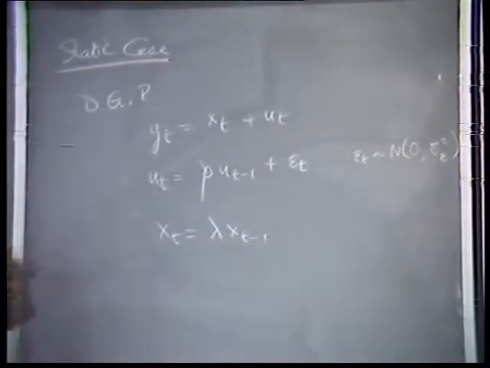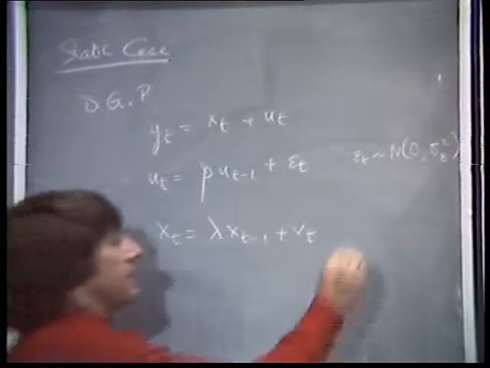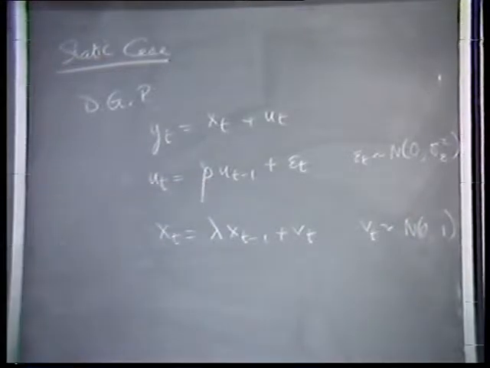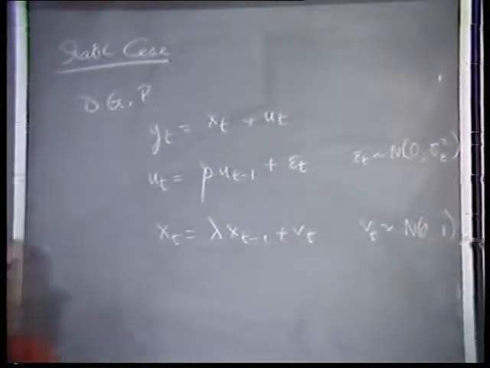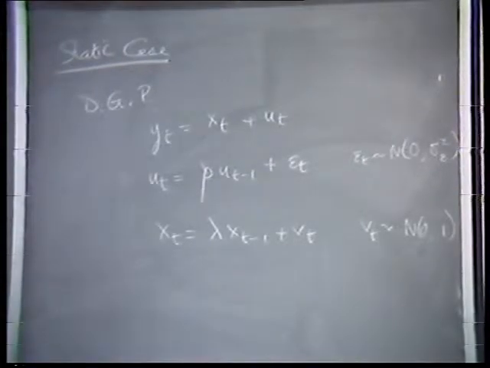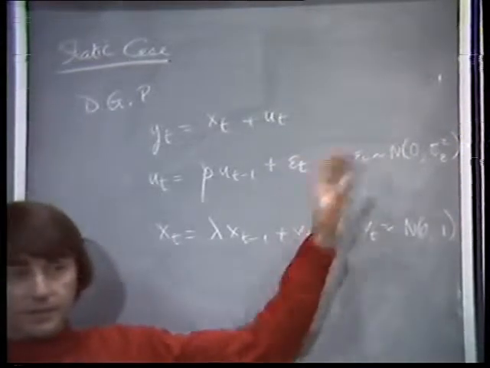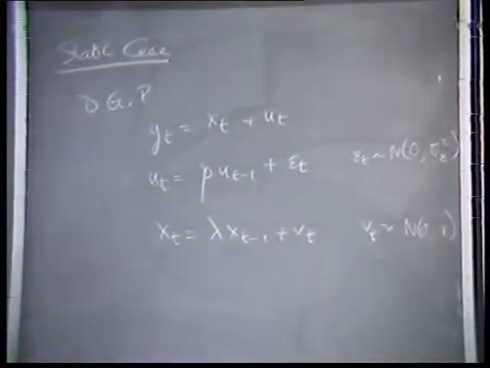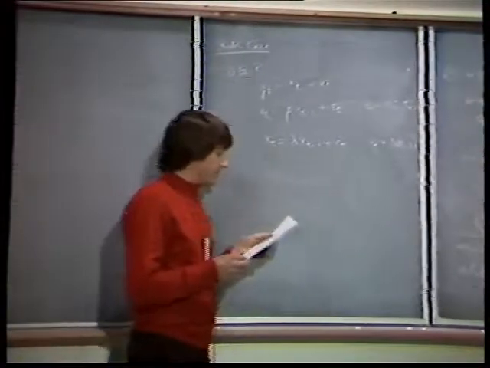So we assume that the x's are generated by a first order autoregression, where also the errors v_t are normal, zero mean, and now a variance of unity. And again, by restricting the variance of v_t to be unity, we don't lose any generality, because in the design of the experiment, it's the ratio of the variance of v_t to epsilon_t that is important. So we can arbitrarily fix one of the variances and leave the other as a design variable. So this is the data generation process.